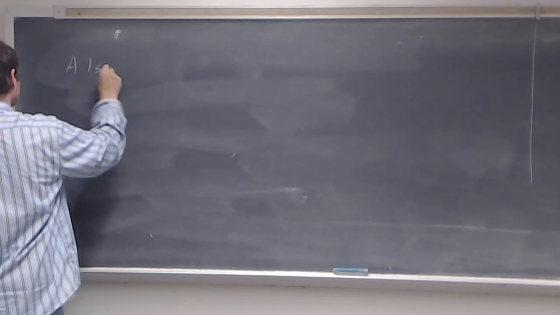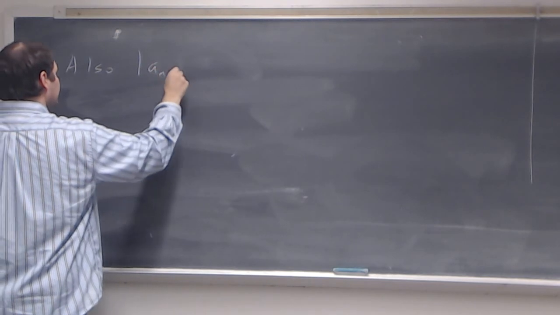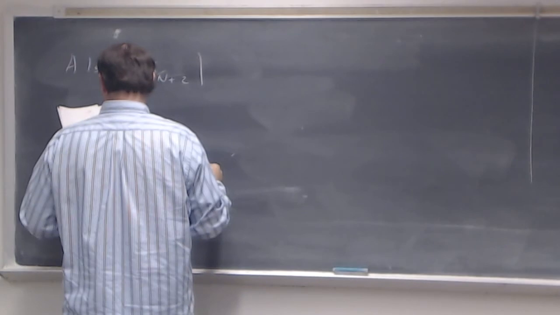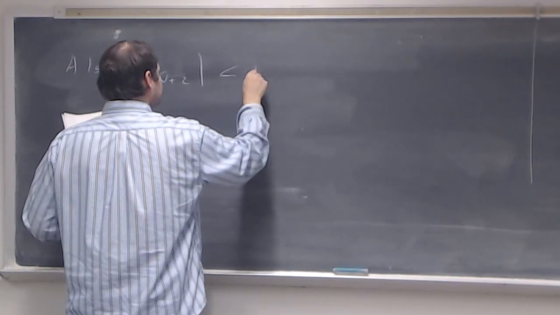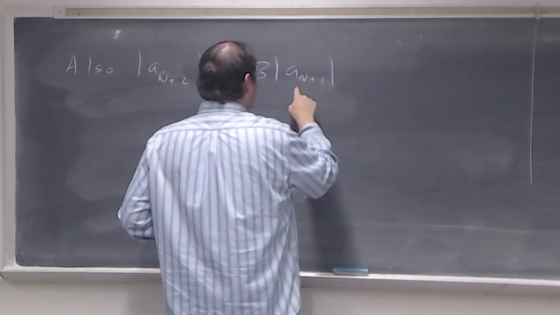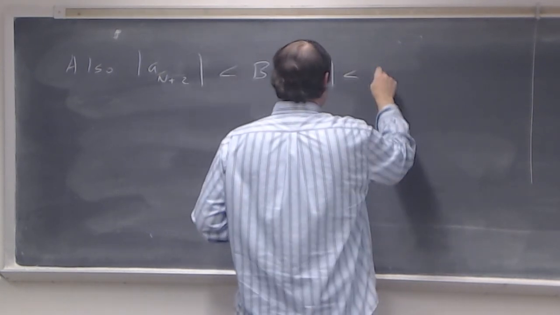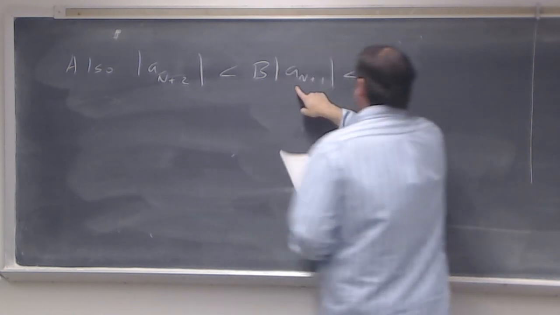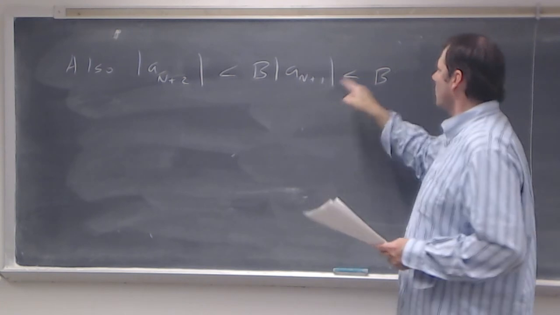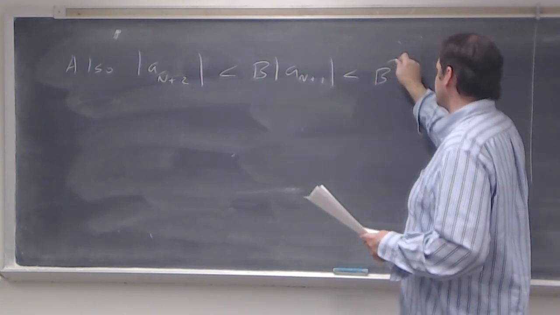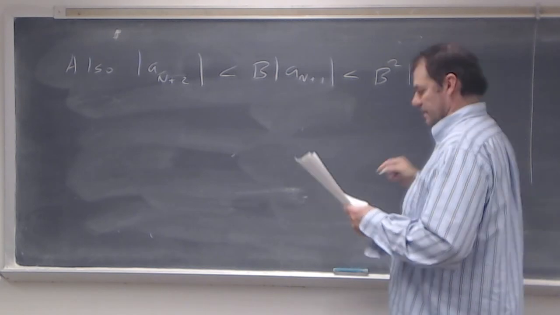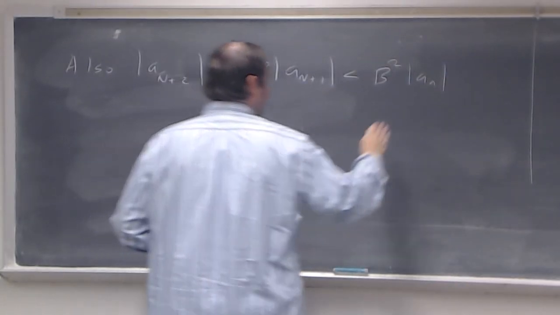Also, a sub big N plus 2 inside the absolute values is going to be less than b times a sub big N plus 1. But this is less than b times the absolute value of a sub big N. So what I would get from here is b squared times a sub big N inside absolute values.